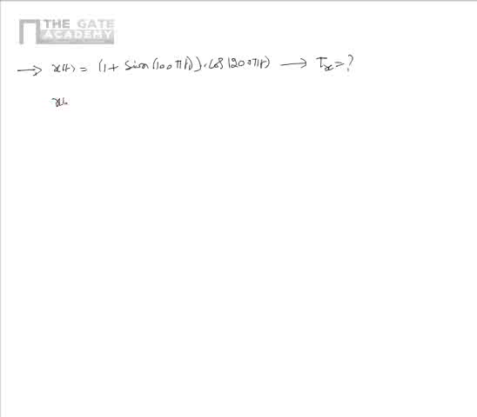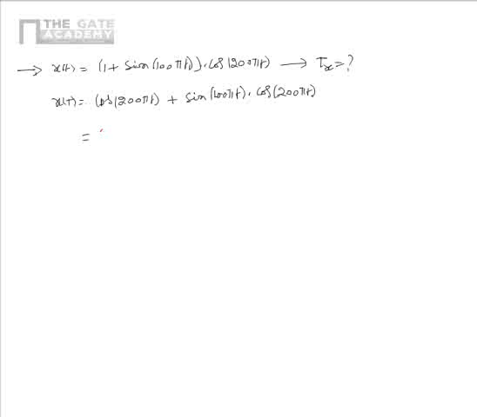For finding the time period of the given signal x of t, we can simplify x of t as shown, that is x of t is equal to cos of 200 pi t plus sine of 100 pi t multiplied by cos of 200 pi t.